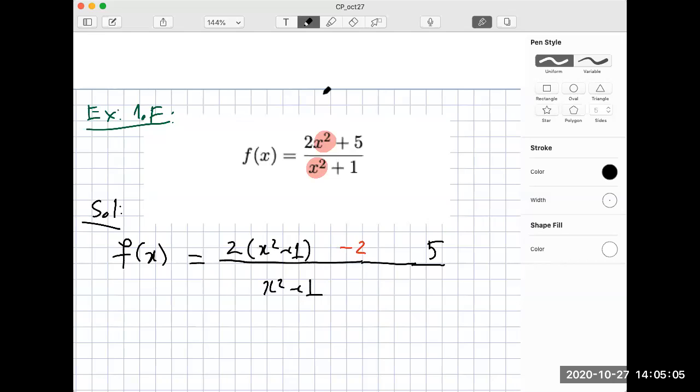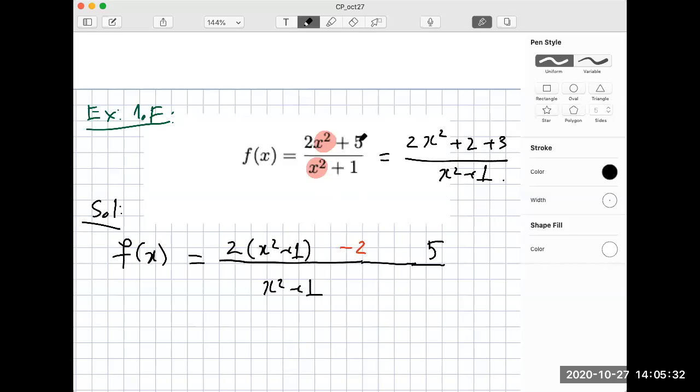Or let me write it this way. If I write 2x squared plus 2 plus 3, divided by x squared plus 1. Okay.